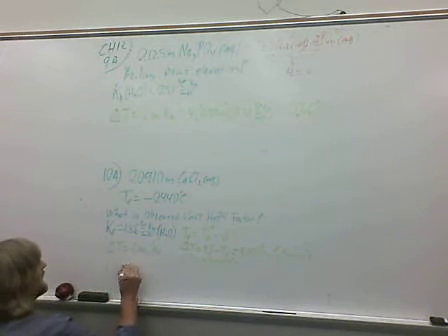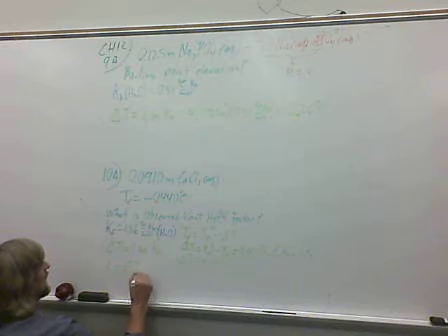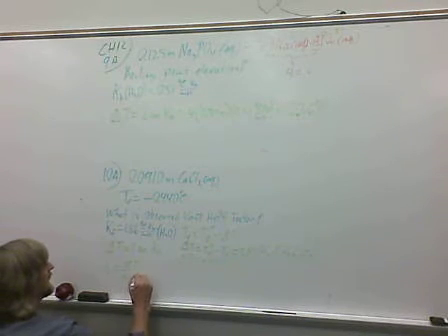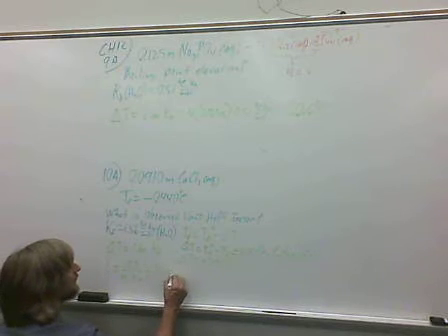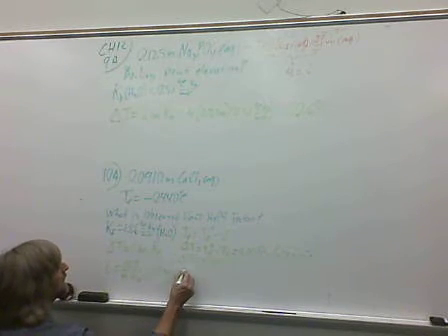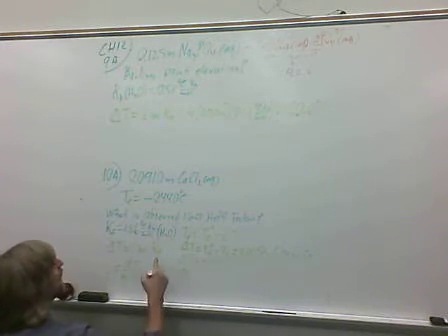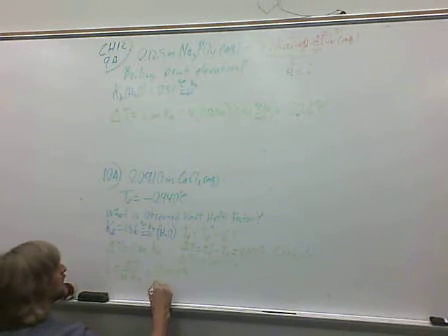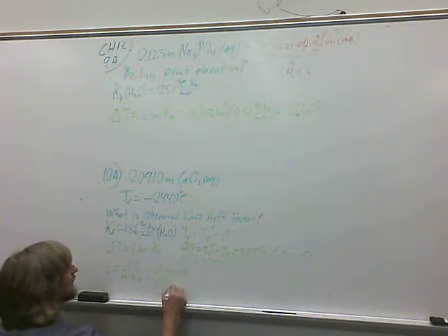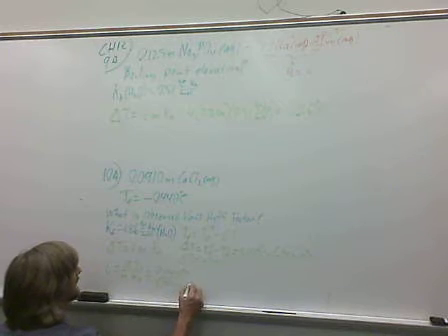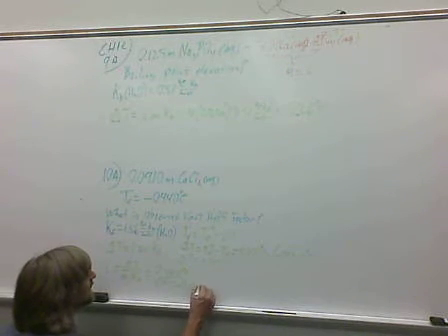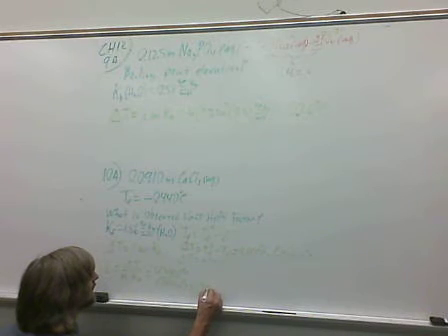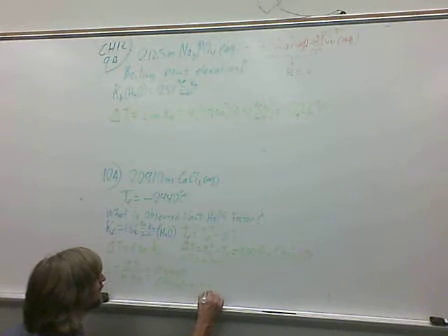So i is going to be delta T over mKf. So we have a positive 0.440 degrees Celsius over the 0.910 molality and the 1.86 degrees C kilogram per mole.